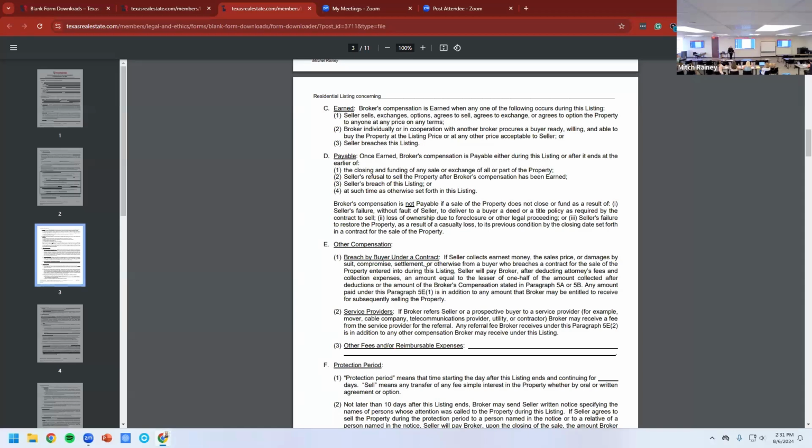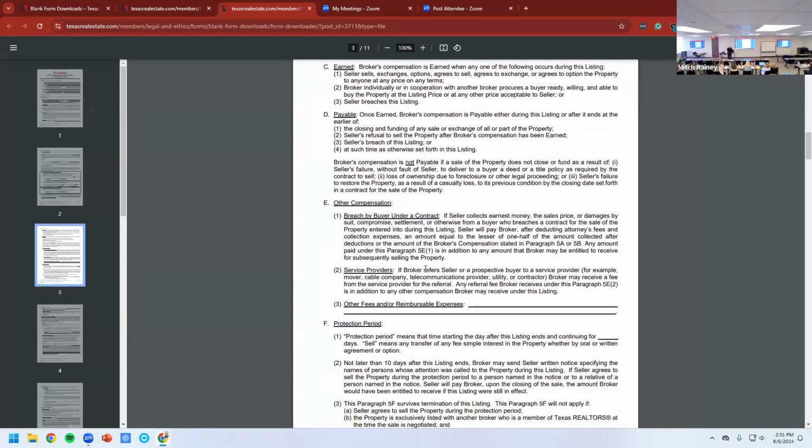Other compensation has stayed the same. Other fees and reimbursable expenses. Yeah, E3. If you have any other expenses that you're charging the buyer.